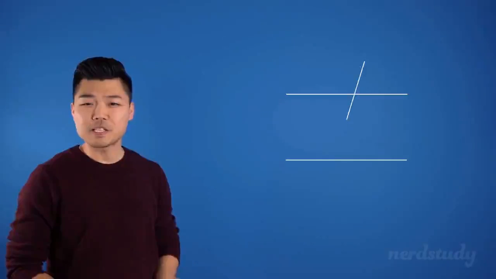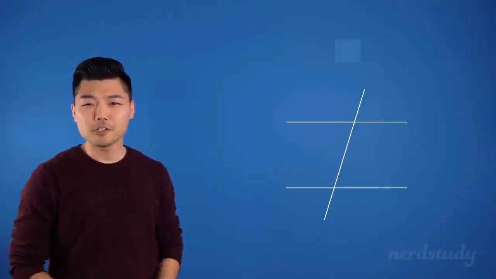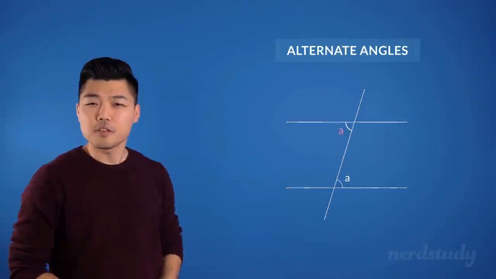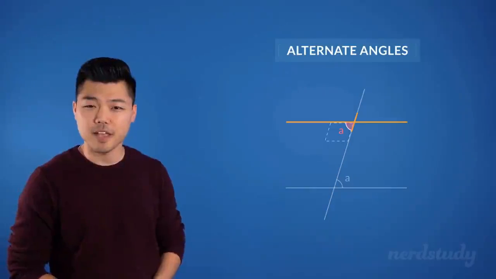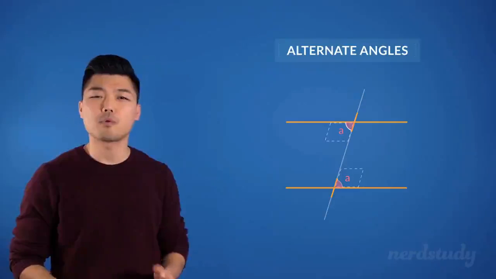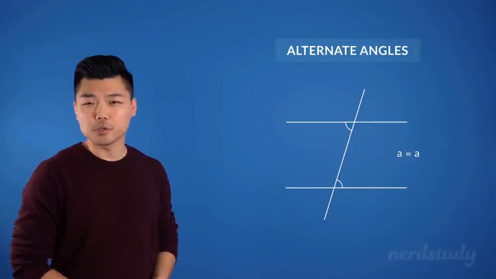Now imagine a slanted line crosses through these parallel lines. Alternate angles are these ones. As you can see, this one is on this intersection's lower left, and this one is on its intersection's upper right. Alternate angles will always be equal to each other.